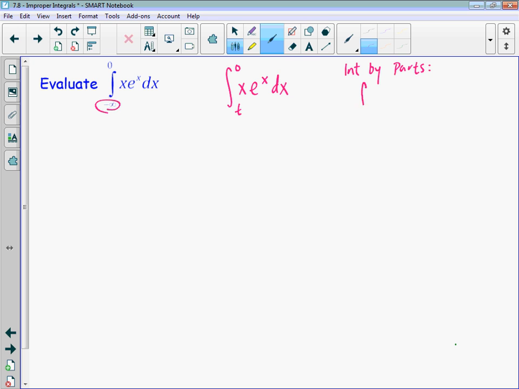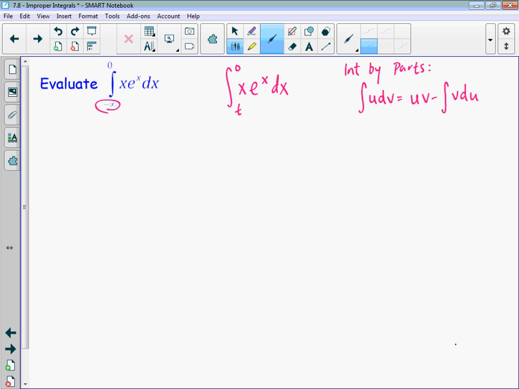So our integration by parts, we should know it, but that doesn't mean we do. So the integral starts as the integral of what times what? u dv, and then that's equal to what? u times v minus the integral of v du.